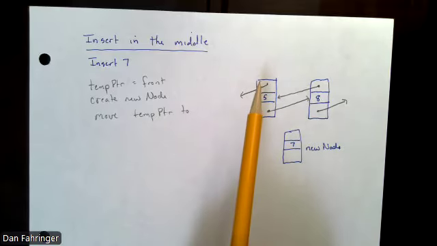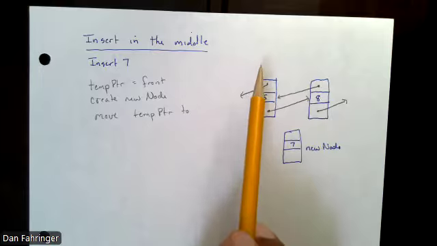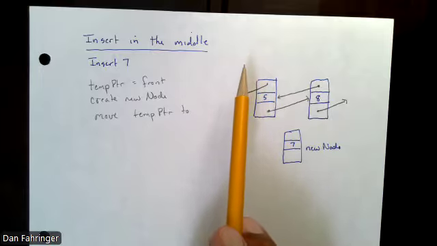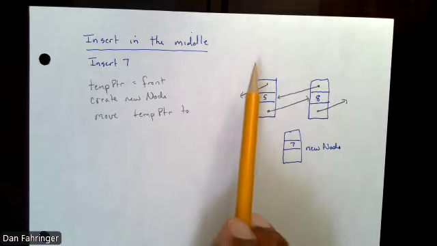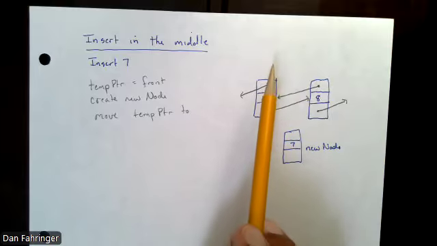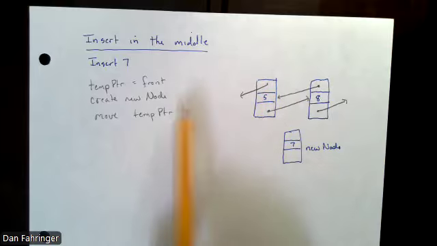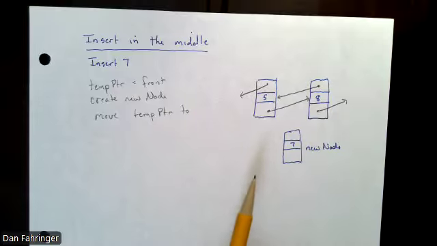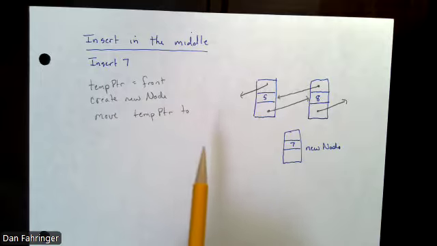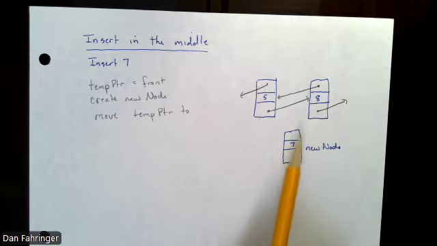So temp pointer is going to get first, and then temp pointer is going to get the value of temp pointer's next, and I'm going to keep moving temp pointer until when? Possibly until temp pointer's value is greater than the new node.